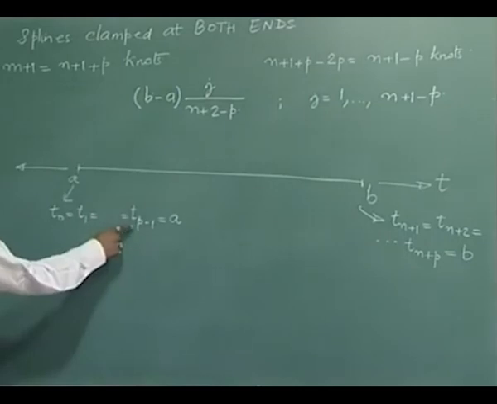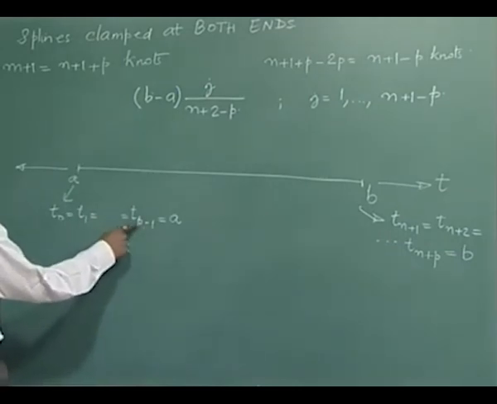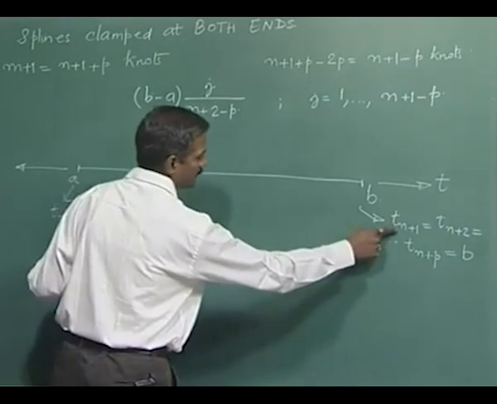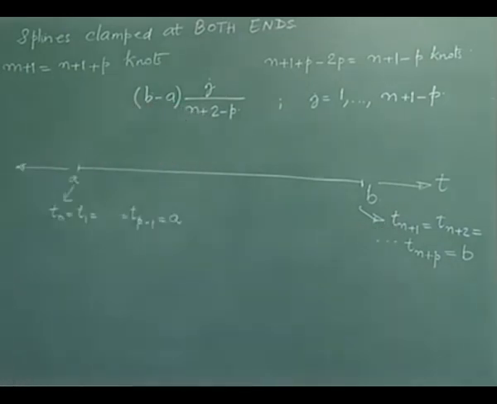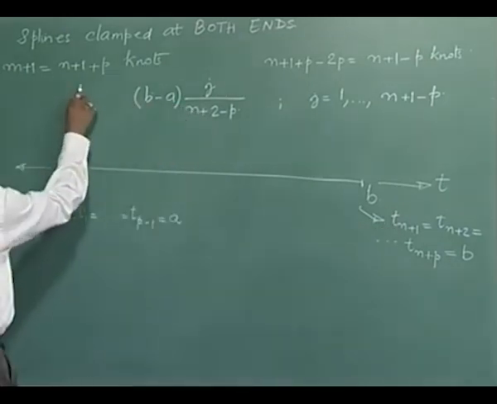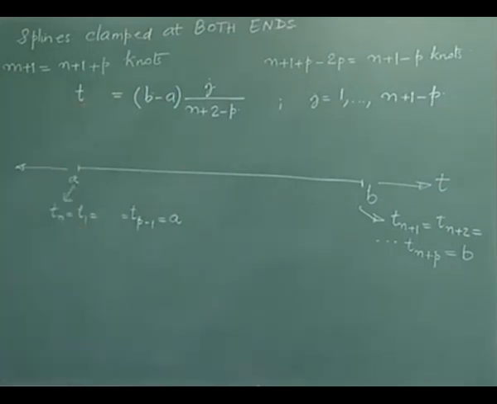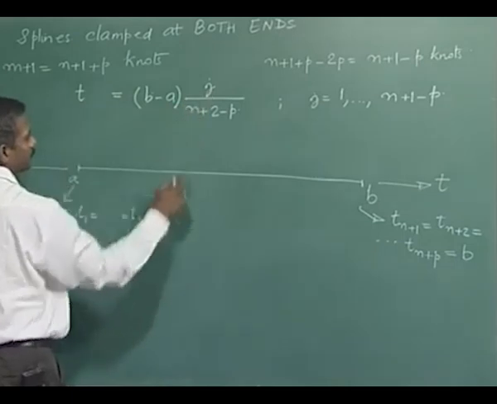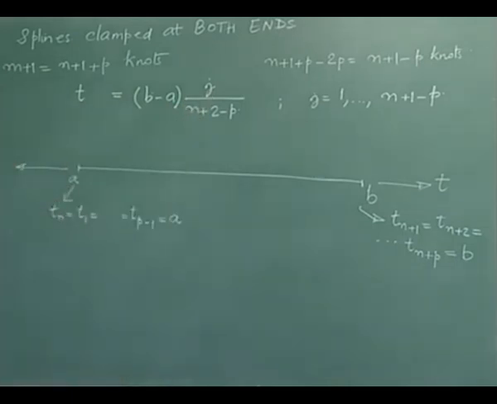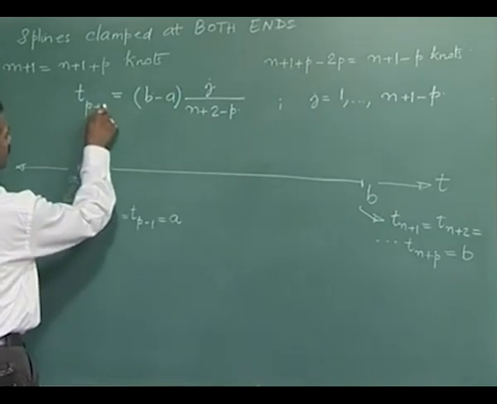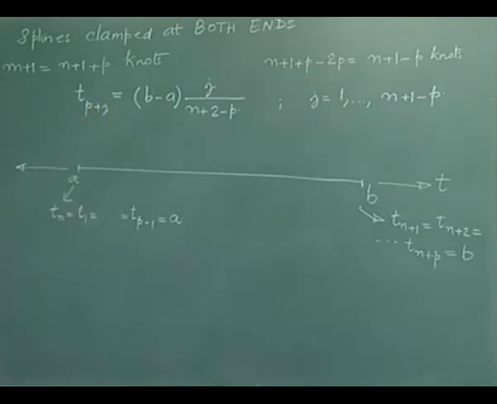Now we have to determine the knots starting from Tp and ending at Tn. What would be the index corresponding to this T? And how will this index be related to j? Clearly, this is p plus j minus 1.